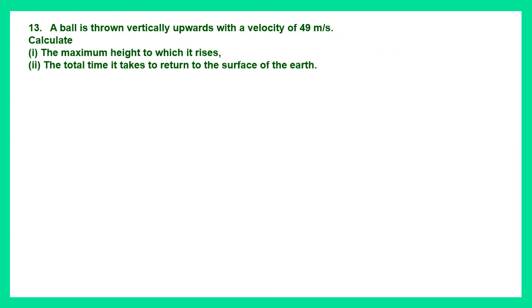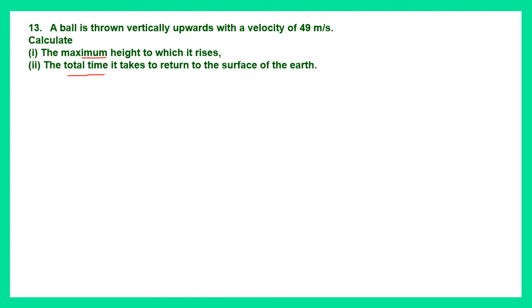Here is the 30th question. What is the question? Let me read it for you. The question says that a ball is thrown vertically upward with a velocity of 49 meter per second, and you have to calculate the maximum height to which it rises, and then you have to find out the total time it takes to return to the surface of the Earth.